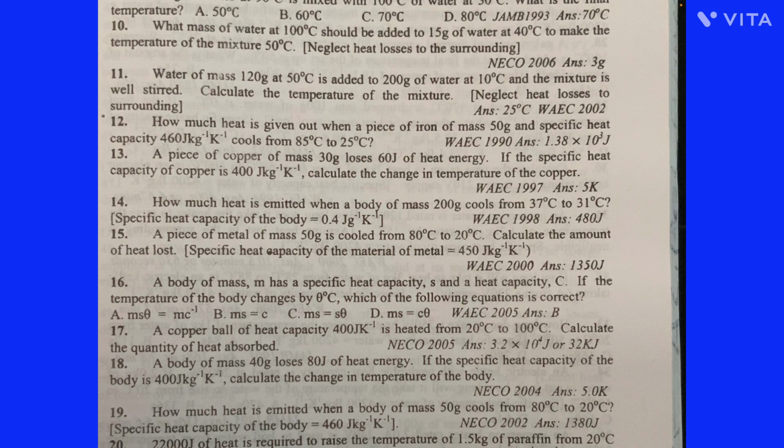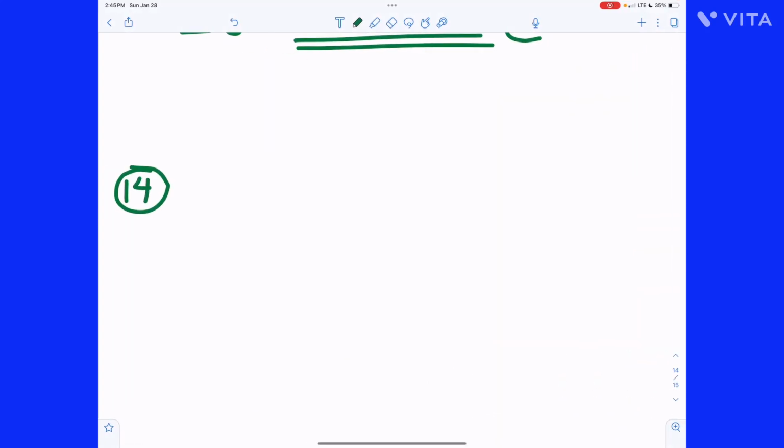It says, how much heat is emitted when a body of mass 200 grams cools from 37 to 31 if specific heat capacity is 0.4 joule per gram per Kelvin? Okay. Mass of the body 200 grams.